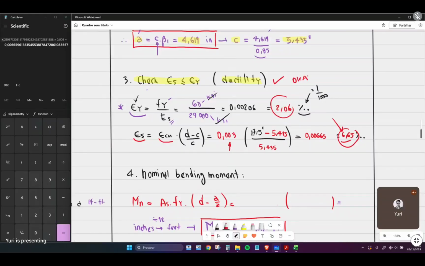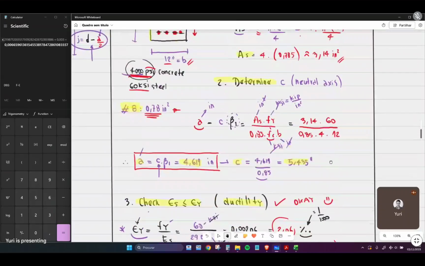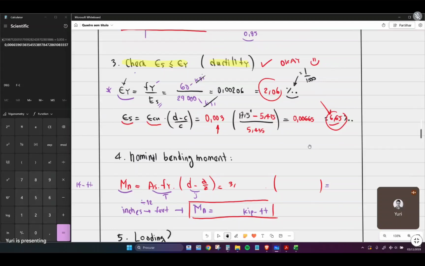All right. So this is important. Now that we know that the steel will yield, we can just calculate the nominal bending capacity, which is the equation that we did in the previous video. So it's right here. Just remember, it is the force times the lever arm. The tension reinforcement we calculated is around 3.14.